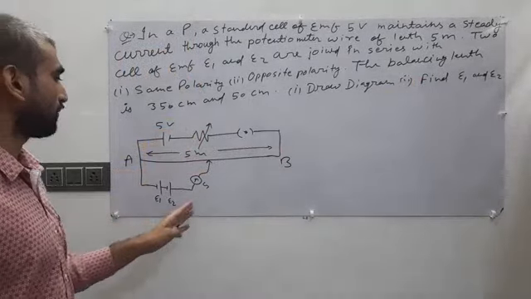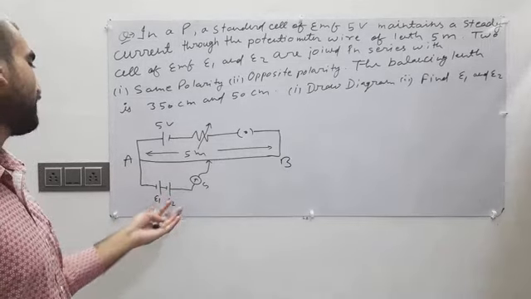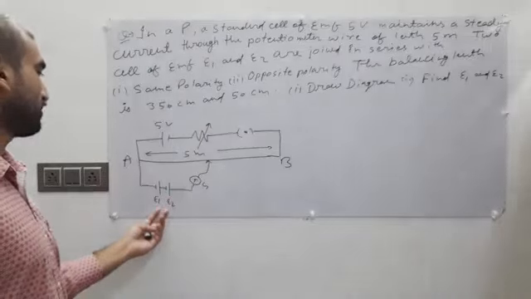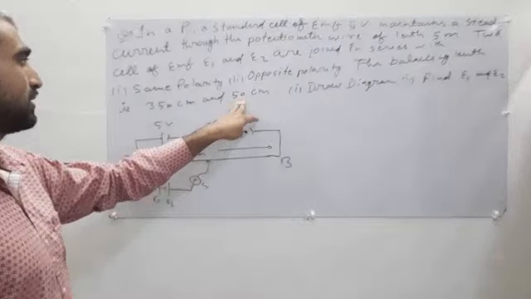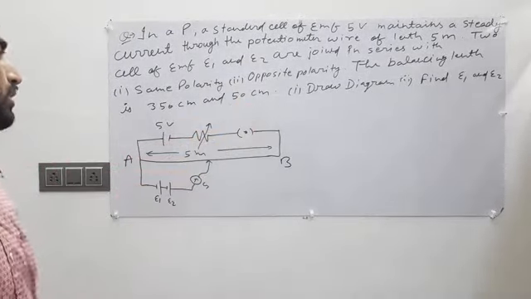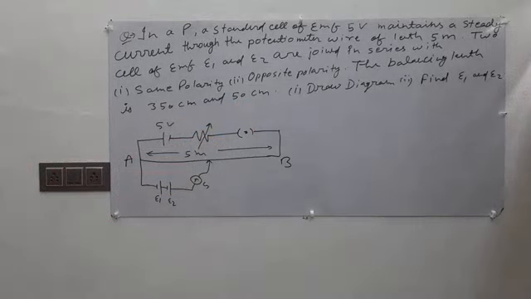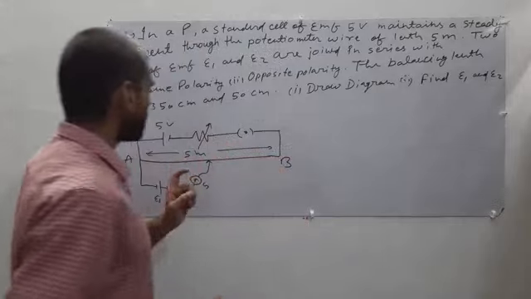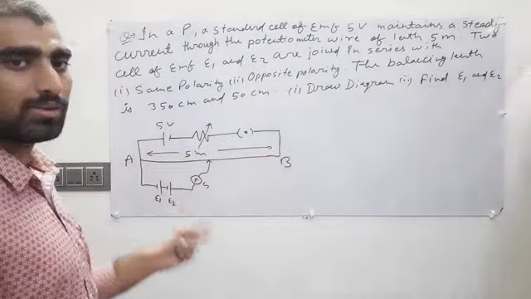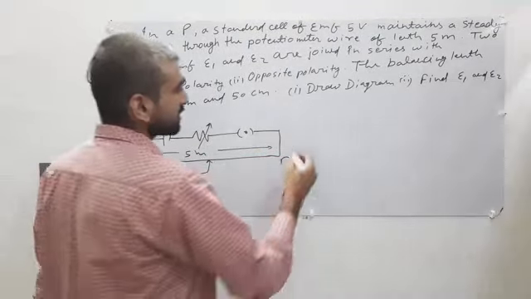And our second balancing position, when the polarity of the cells is opposite, is 50 centimeter. Now in the first case, what is the potential difference? To determine the potential difference, first we have to calculate the value of the potential gradient, that means K.